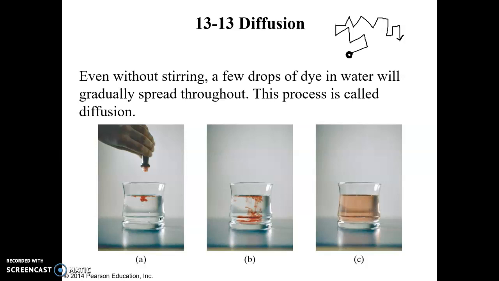If you were to put a few drops of food coloring into a cold glass of water, it would possibly just sit there like this. And it would take a much longer time to get to this state here where it has been completely diffused throughout the water. It will get to this point much faster if the water is hotter and therefore has more kinetic energy.